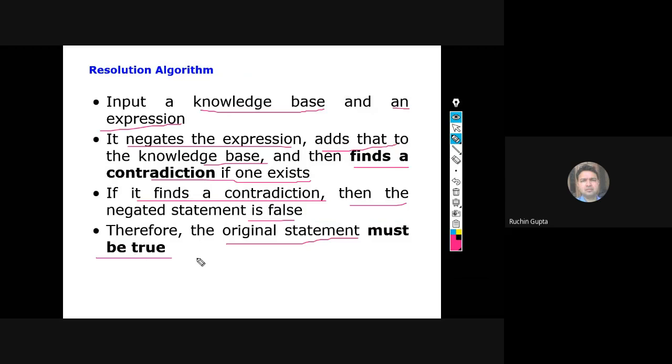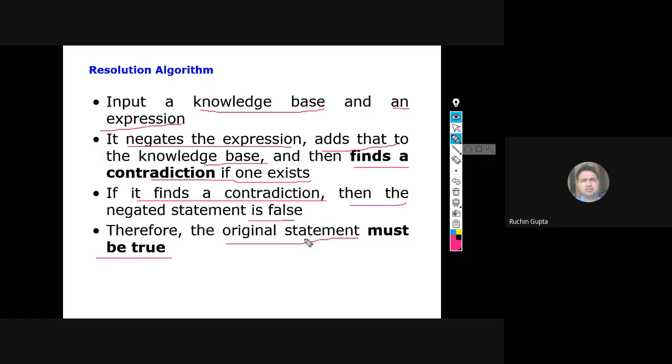So we are given a knowledge base, we are given a statement, and we want to check whether the given statement can be derived from the given knowledge base. For that, we will negate the statement first, add it to the knowledge base, and see whether there is a contradiction. If we find a contradiction, it means that the negated statement cannot be added to the knowledge base.